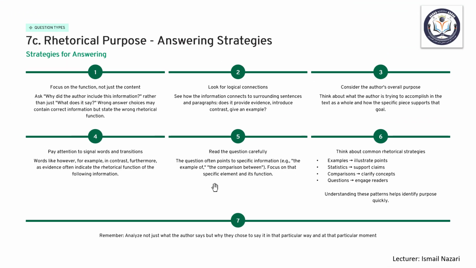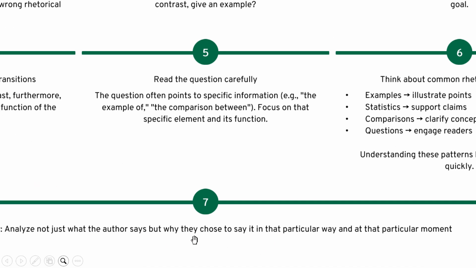And finally, the 7th step to finalize is we have to remember to analyze not just what the author says, but we have to always check why did the author mention that particular point in that way, or why did the author state that specific point.